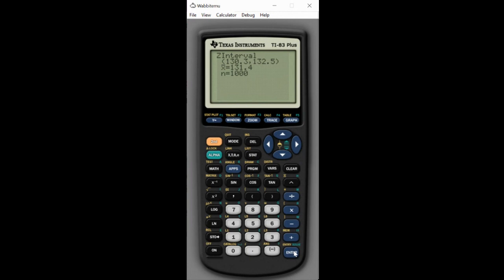And I'm coming up with a couple of numbers here. I'm coming up with something like 130.3, or yeah, 130.3 and 132.5. Okay, so let me stop sharing this portion here and come back to my notes.